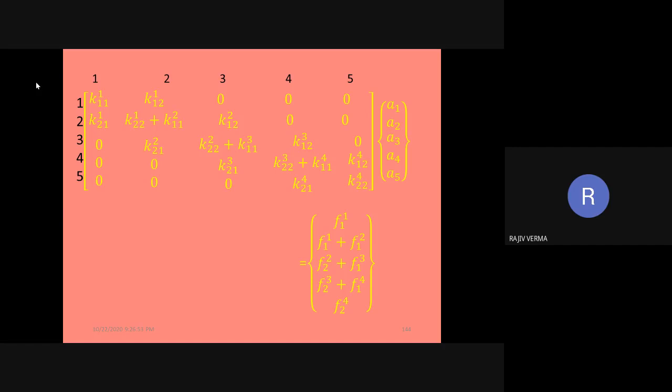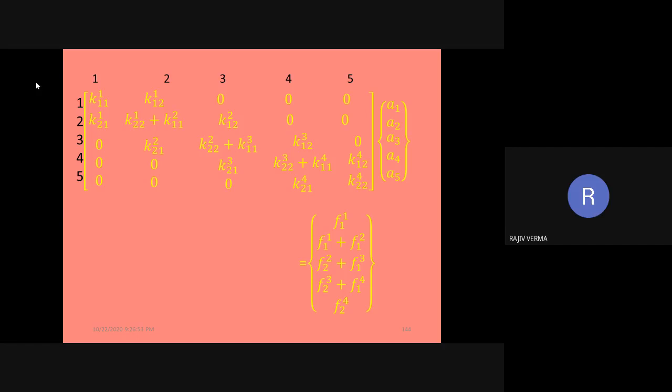This is because the first and the second element have node number 2 in common. Therefore, in the global stiffness matrix, the contributions of first and the second element are getting added up together in second row and second column.